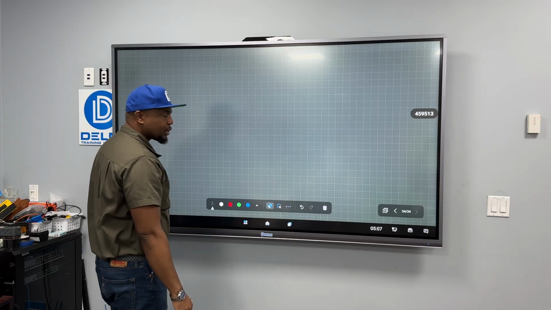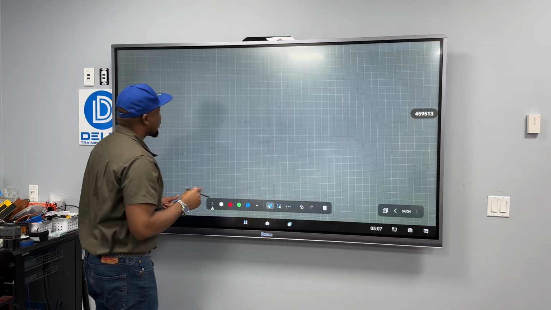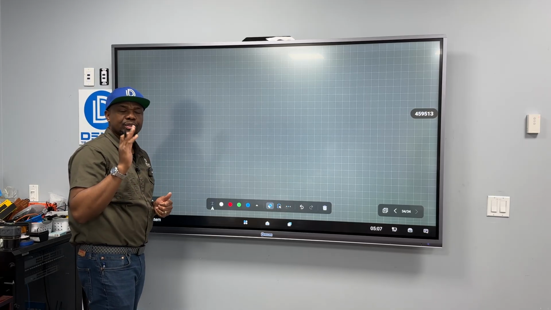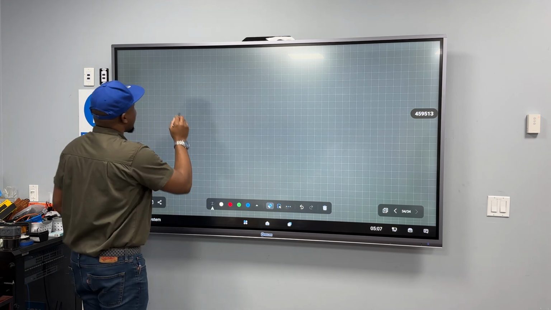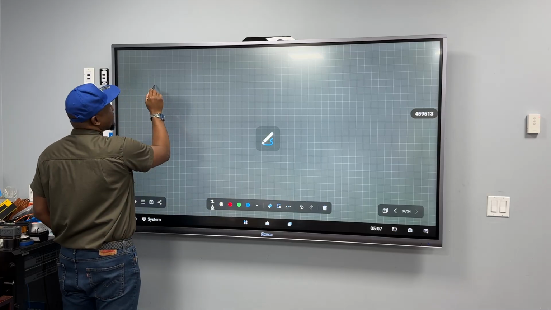First of all, I'm going to do one using a switch. We're going to use a single pole, single throw switch. What I always want to do is take the switch, and I'm just going to draw my switch like this.